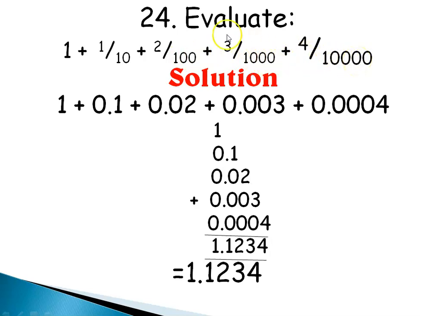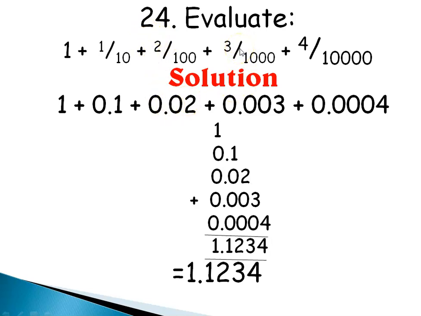Is that taken? Alright, so I'll change all of this to decimal. 1 over 10 is the same thing as 0.1. 2 over 100 is the same thing as 0.02. If you are wondering how I did that, remember, if I'm dividing by 100, I'll just move these 2 places to the left, and that will give me 0.02.